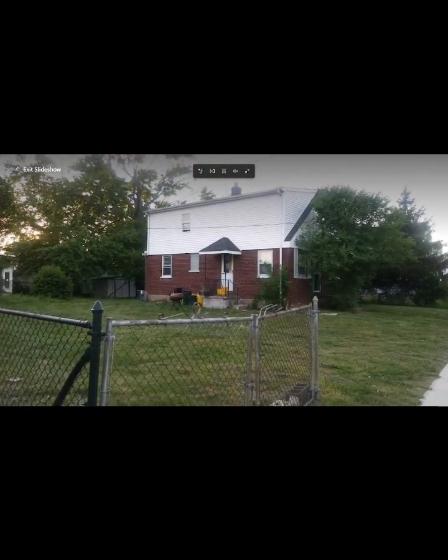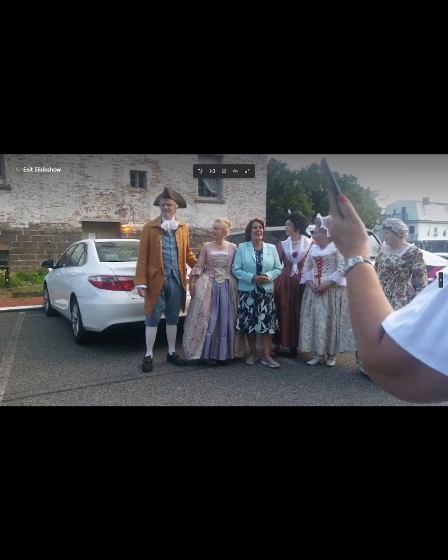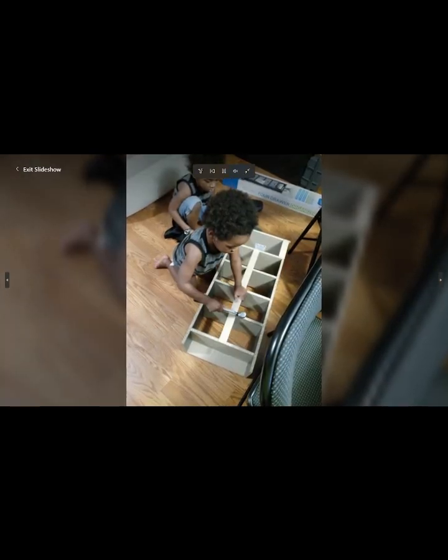Question number 3. A real estate broker takes a listing to sell someone's house. What is the relationship between the broker and the seller? A, agent principal. B, client customer. C, agent customer. D, principal principal.